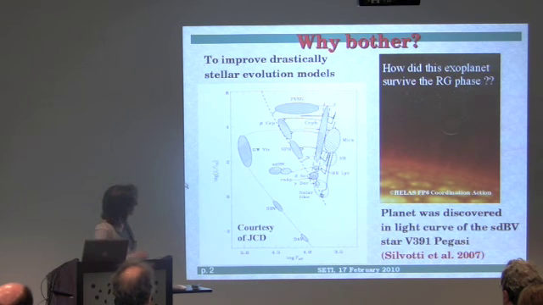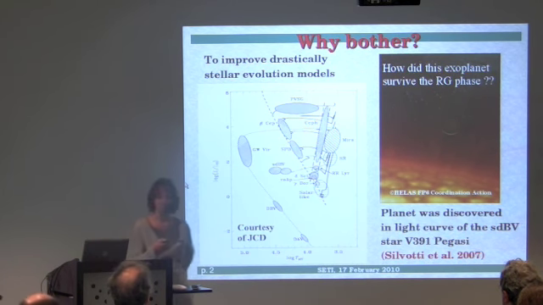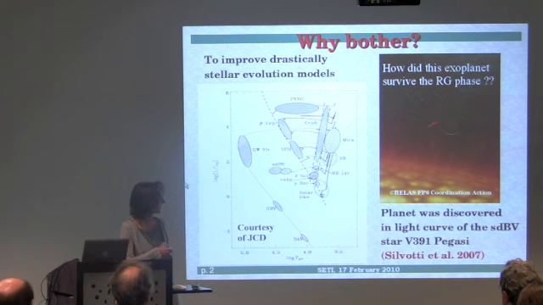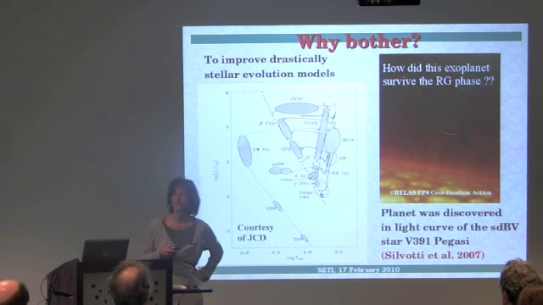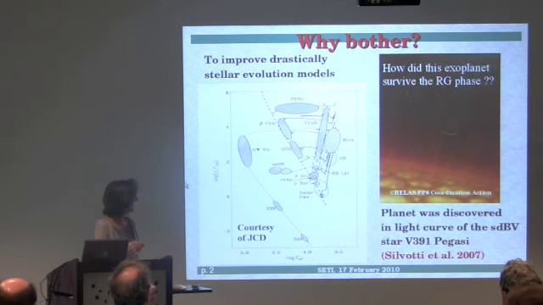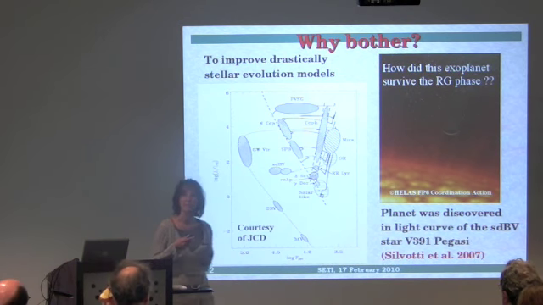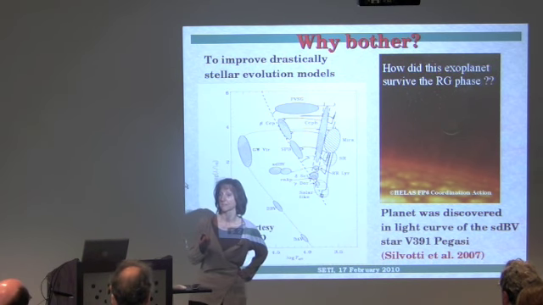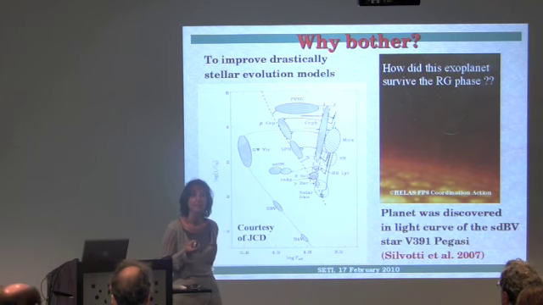And I'm giving this example of one planet to show you that we sometimes understand very little about stellar evolution. This is a cartoon of a planet discovered around a compact, hot blue star, which is here in the HR diagram. And this planet was found thanks to asteroseismology, because this parent star has multiple oscillations.